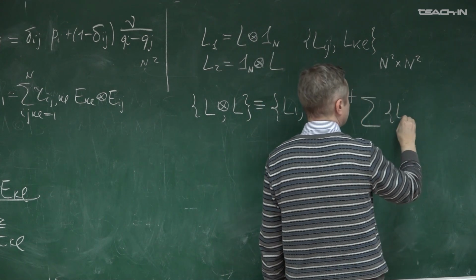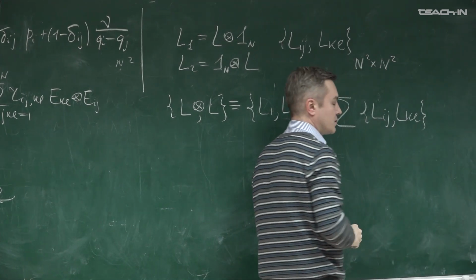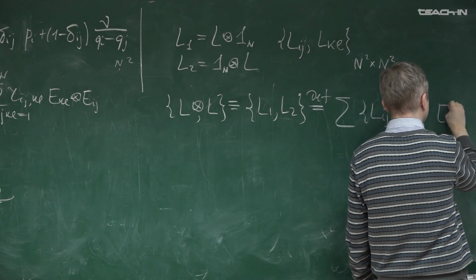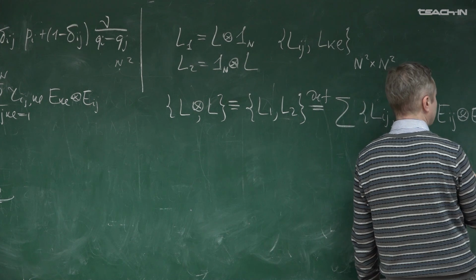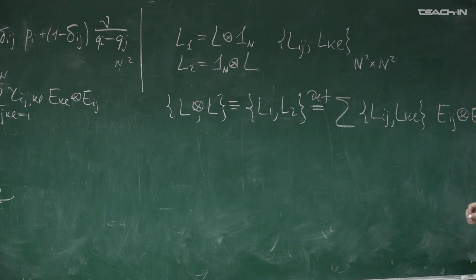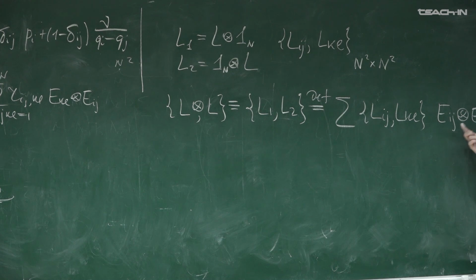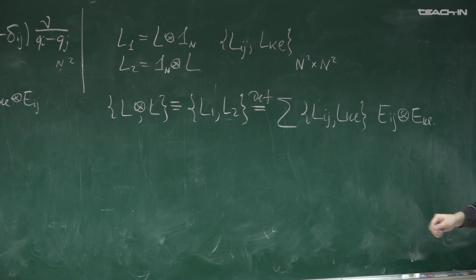We put here all possible Poisson brackets between all possible matrix elements and multiply them by these basis matrices from the second tensor power of matrix space. So we just arrange all possible Poisson brackets in this large matrix.